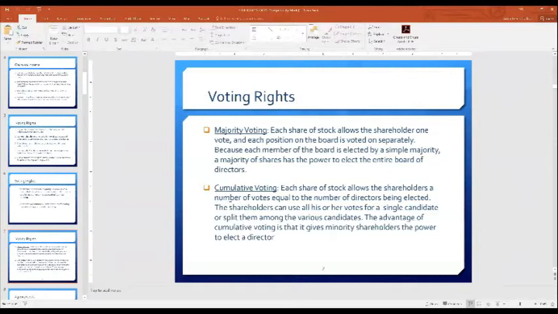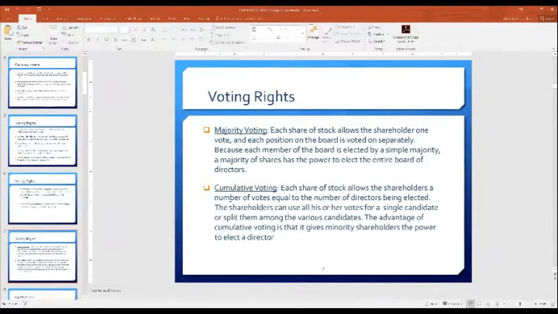Okay, for majority voting, each share of stock allows the shareholder one vote, and each position on the board is voted on separately. Right? Because each member of the board is elected by a simple majority. A majority of shares has the power to elect the entire board of directors. So, kumbaga, one vote for each shareholder.